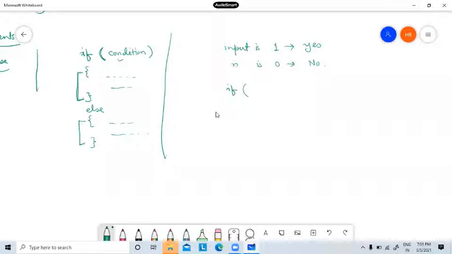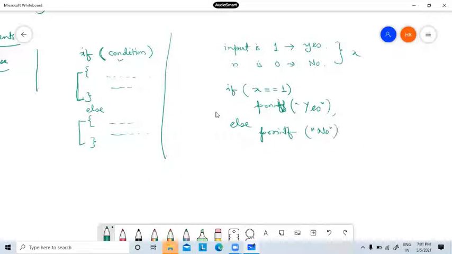Suppose I am taking the input in a variable, say x. If x is equal to 1, then I will printf yes, and else I will print no.